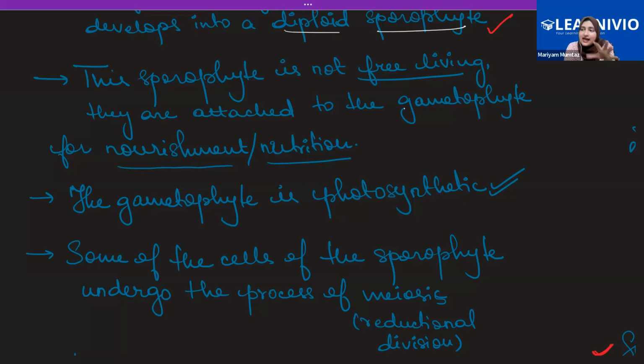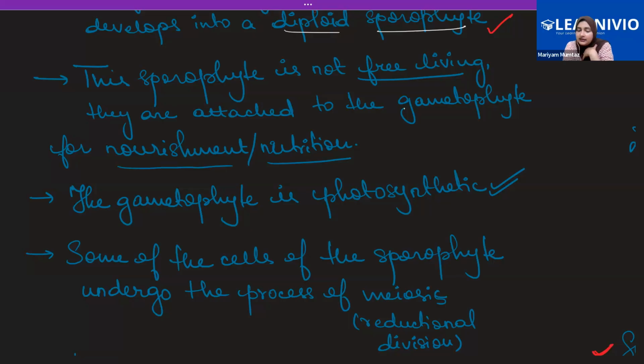Since it is haploid, it will form the gametes by mitosis. Now those gametes will fuse and form a zygote, which is diploid. Now that zygote will further develop into the embryo, which will further develop into the diploid sporophyte.